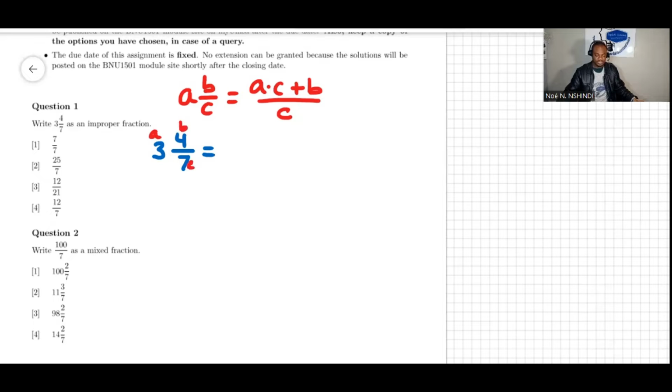So this will be 3 times 7 plus 4, all over 7. 3 times 7 is 21, and 21 plus 4 is 25, so that makes 25/7. This is the improper fraction of the mixed number 3 4/7.